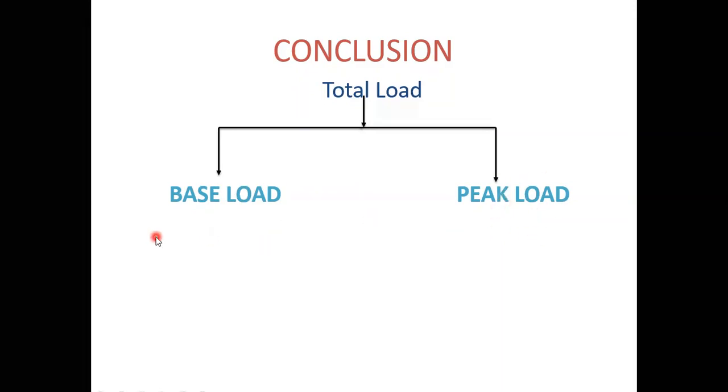But here we have thermal power plants and similarly hydel power plants. How we can use those two depends upon the base load and peak load. That is very, very important. For example, use thermal power plants and runoff power plants to meet the base load. Similarly, use proper coordination between the thermal power plant and the hydel power plant to meet the peak load.